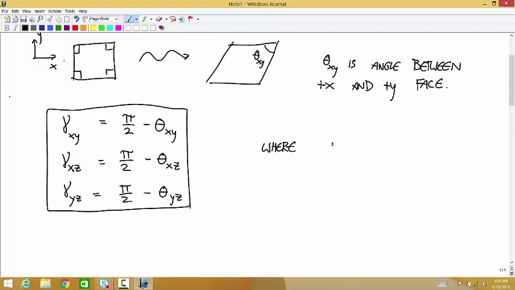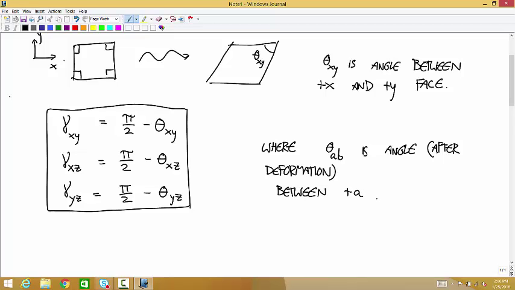Where, talking about it generally, theta AB is the angle after deformation between the positive A face and the positive B face. And that angle is in radians.